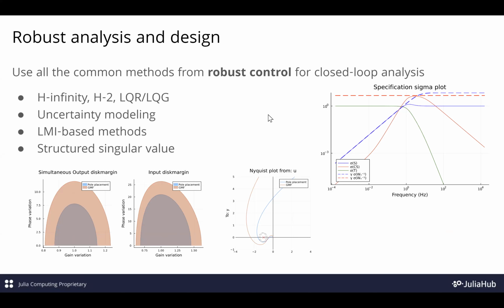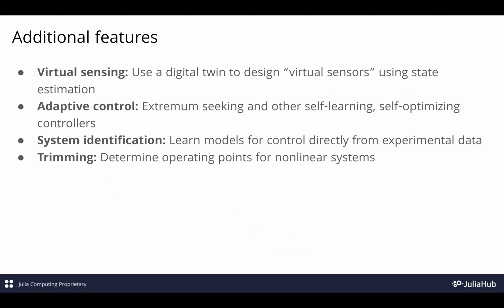All of these things are possible within our suite of tools. We also support a bunch of system identification techniques, trimming techniques to help you decide the operating points that you might want to linearize around, extremum seeking controls, self-optimizing controls, and virtual sensors. So just a bag full of features that you might want to use for your analysis and design.